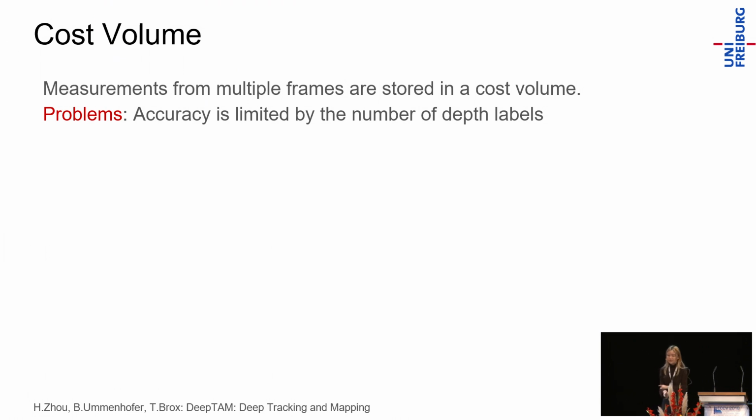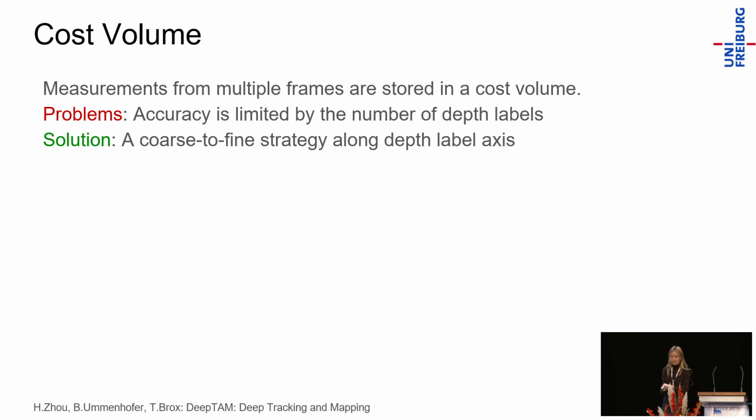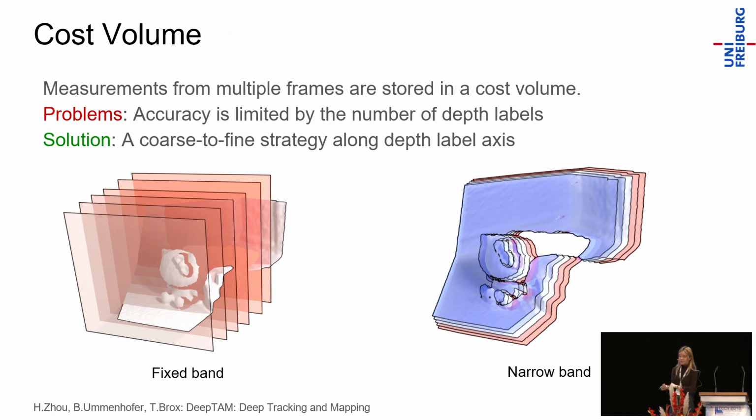The measurements are collected in the photoconsistency cost volume. The well-known problem of the cost volume is that its accuracy is very limited by the number of depth labels. To solve this problem, we use a coarse-to-fine strategy along the depth label axis. We first use a regularly spaced set of 32 depth labels, which we call the fixed band.